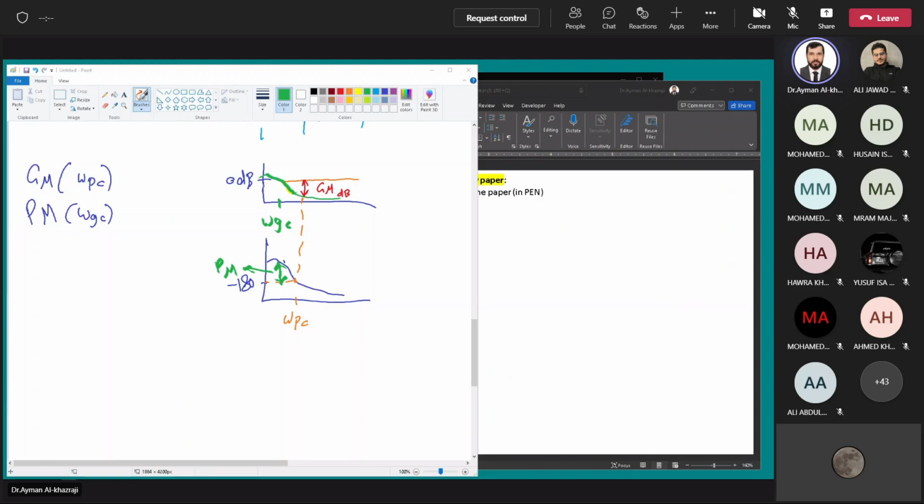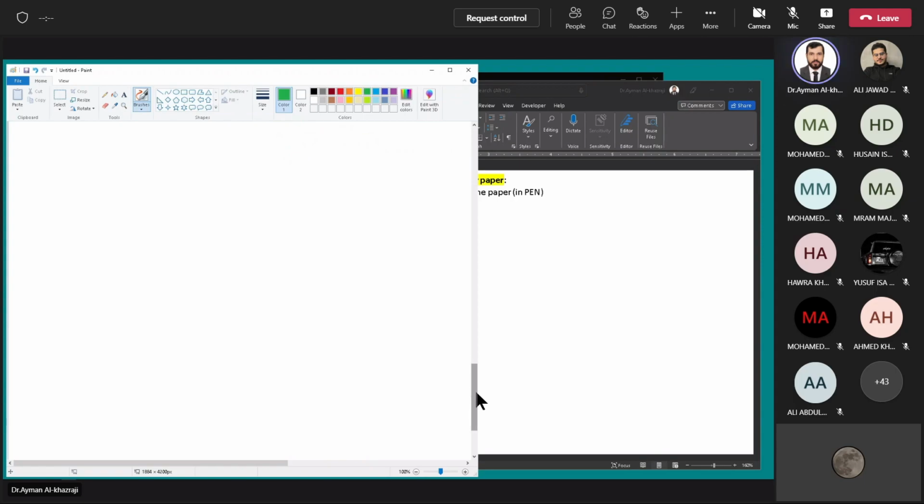Good. If I give you a plot and ask you to find the transfer function, students should be able to do that. Why? Because we have rules. Look, this is the corner frequency for a zero.